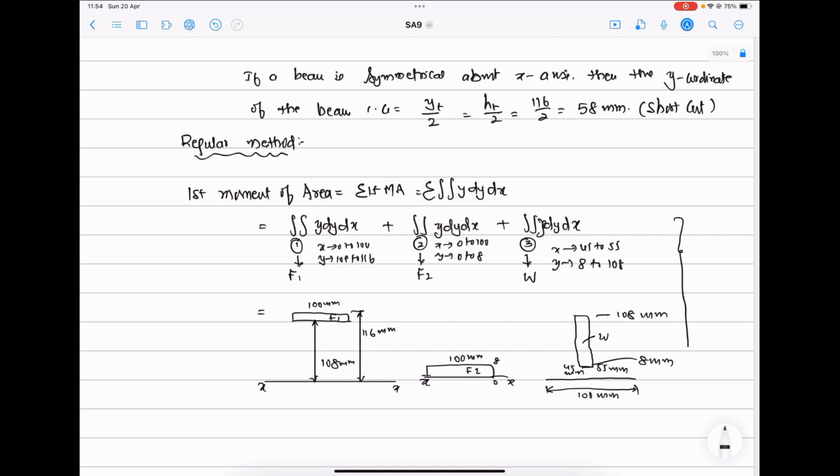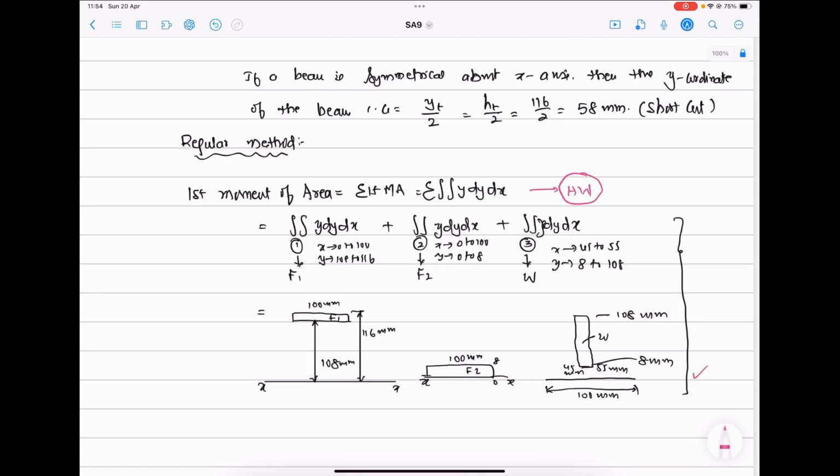Apply these values in this equation and find out the value of the first moment of area with the calculus, regular method. You do it as homework. Use the methods which I have explained in my previous classes.